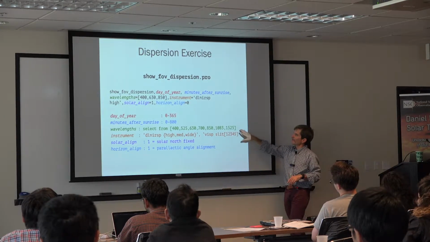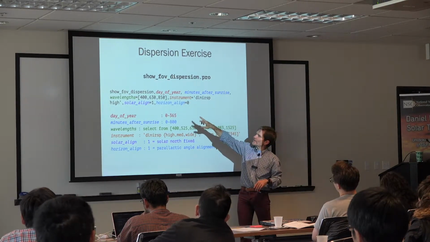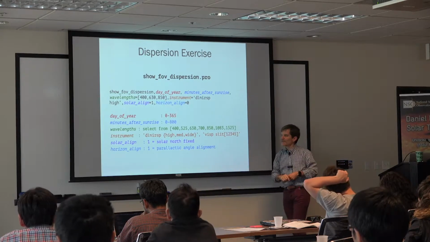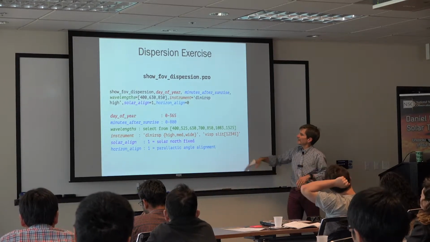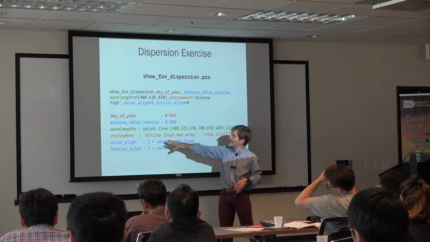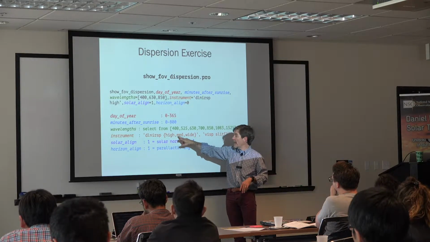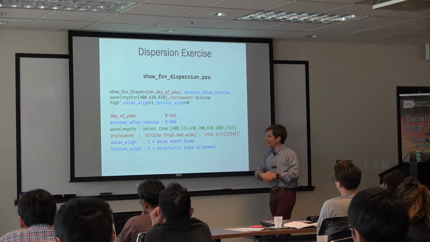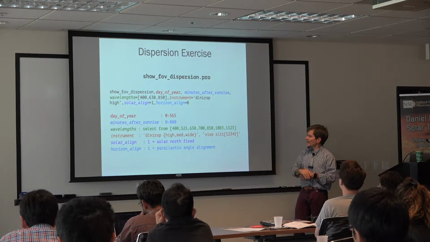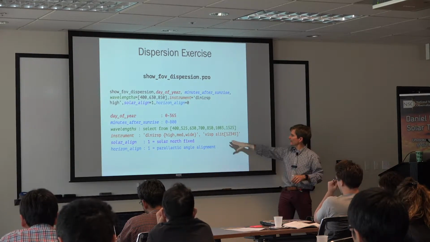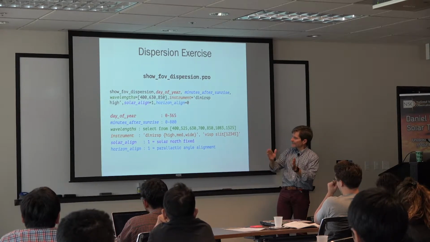And so you can provide it a list of 3 different wavelengths, whether that's for the DL-NIRSP or the VISP. Your choice, you can select whether you want to plot the DL-NIRSP field of view in the high or the medium. The wide is actually so big, it's 20 arc seconds, it's outside of the box. Or the VISP, and there's different slits with different widths.